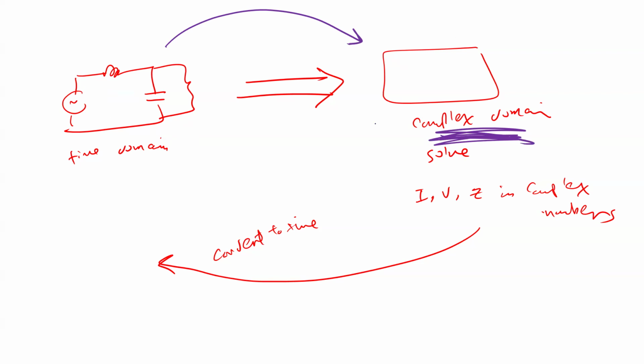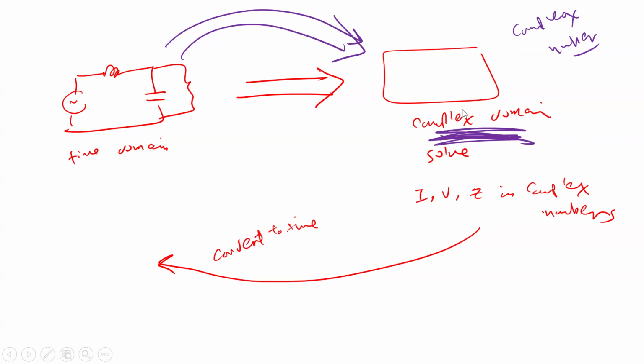Complex domain means everything is going to be represented by complex numbers: voltage, current, resistance, everything. That's exactly what we do. Number one, if you have a circuit in the time domain, you have to convert this circuit to another circuit in the complex domain, where everything is represented by complex numbers.